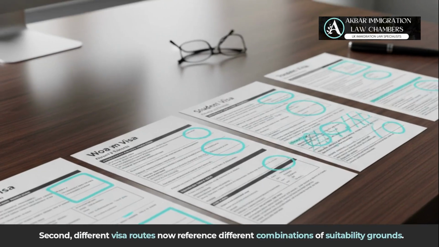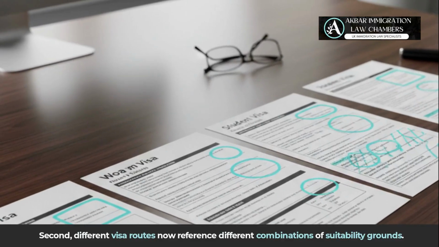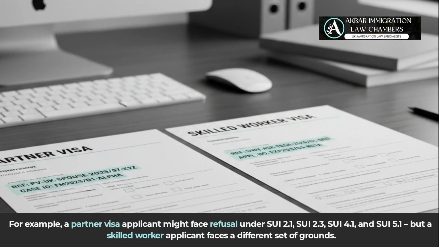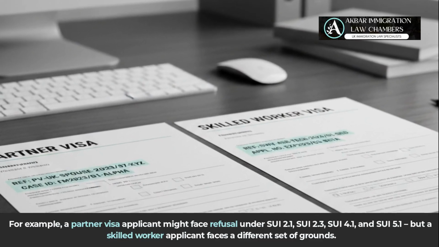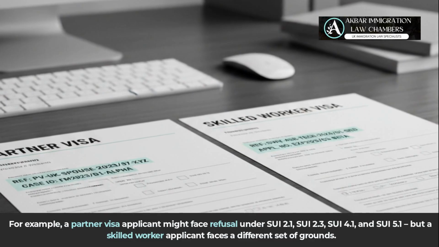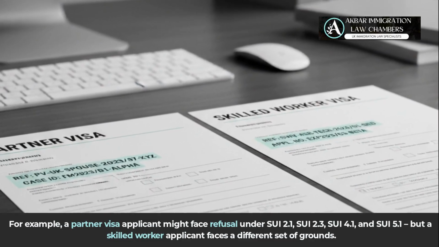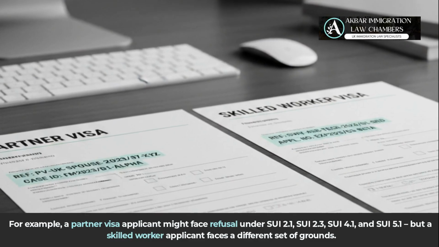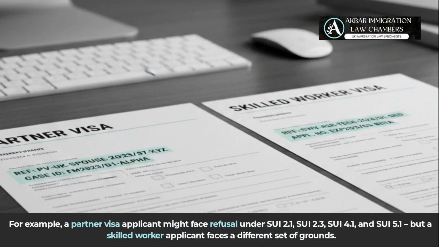Second, different visa routes now reference different combinations of suitability grounds. For example, a partner visa applicant might face refusal under SUI 2.1, SUI 2.3, SUI 4.1, and SUI 5.1, but a skilled worker applicant faces a different set of grounds.